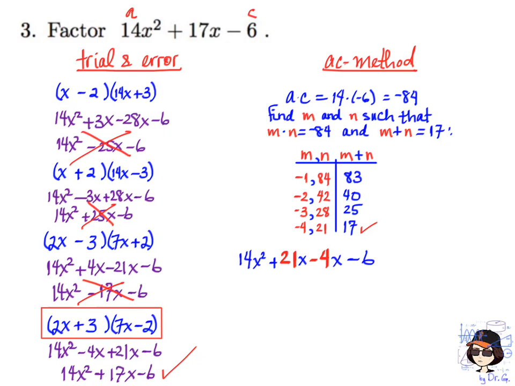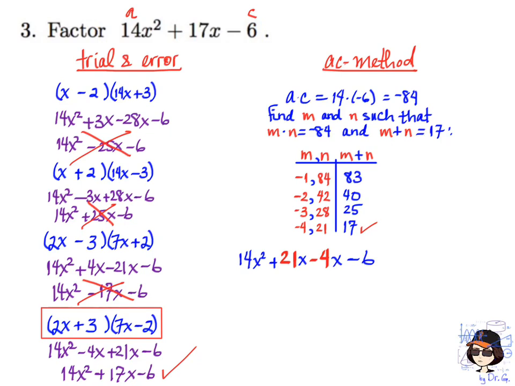Okay, so now what do we do with this? Now we use grouping. Grouping is a factoring method that you can use when you have 4 terms. And we have 4 terms. So let's group the first 2 terms together and the last 2 terms together and see if we can pull out a GCF from each of those pairs.